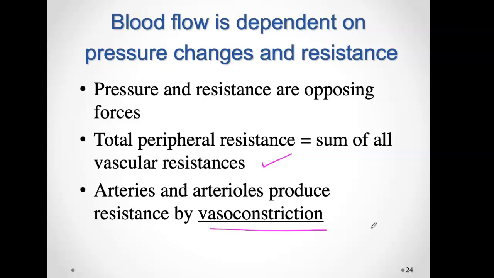So just imagine you go out running. Now you need greater flow to the muscles in your legs and less flow, for example, to your gastrointestinal system. So you will vasoconstrict digestive arteries, and you will vasodilate those that are in the muscles. So it is a way of moving your 5 liters of blood to where it's most needed at any one time.